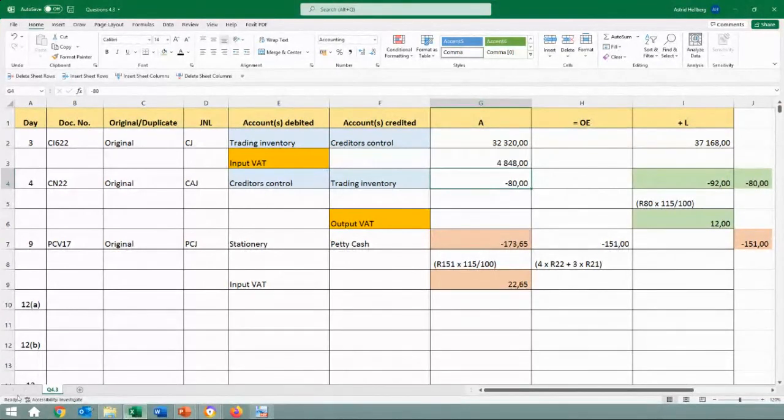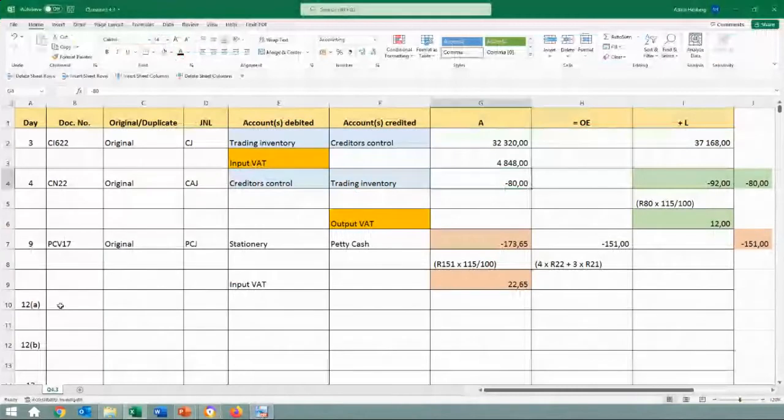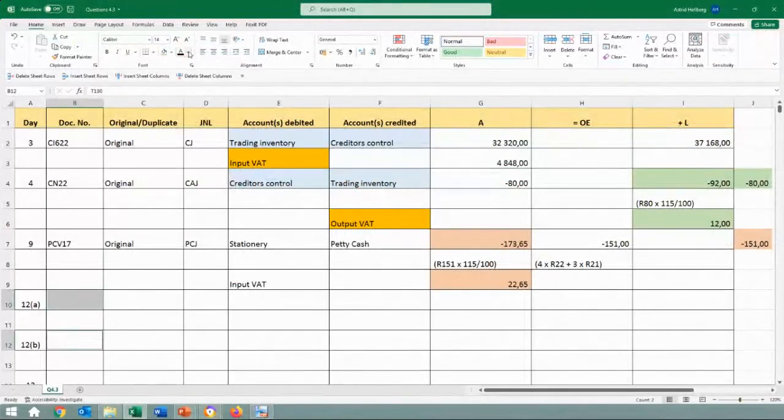Okay, so the first thing is, what document number did they give us? So let's quickly see. In here, we issued invoice T130. Okay, so that means the document number for this transaction will be T130. It will be the same document number for both transactions. Okay, do we keep an original or duplicate when we issue a transaction to a customer?